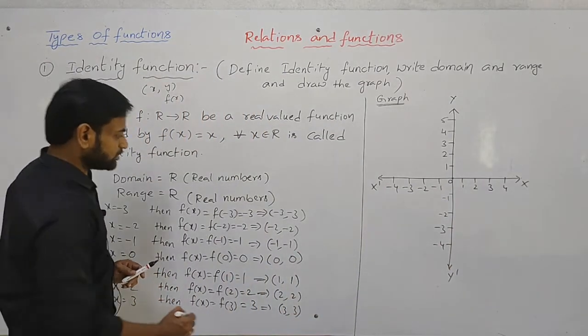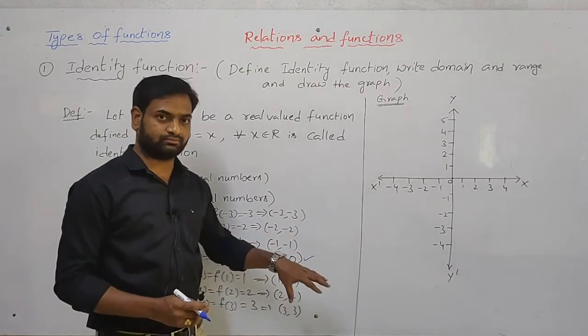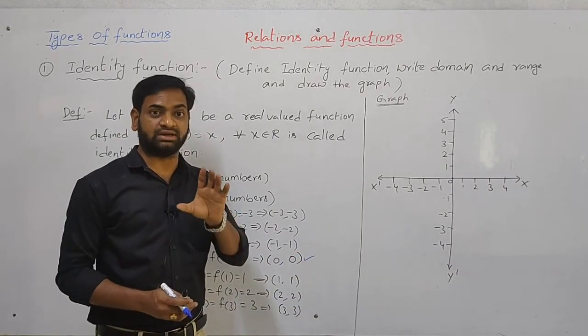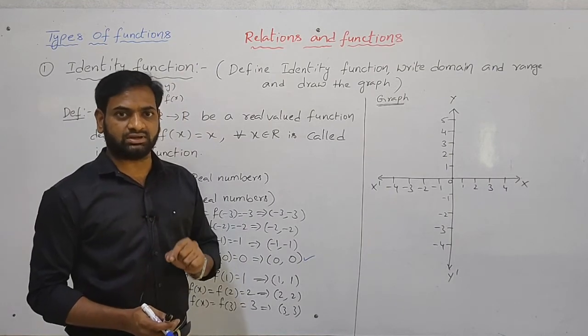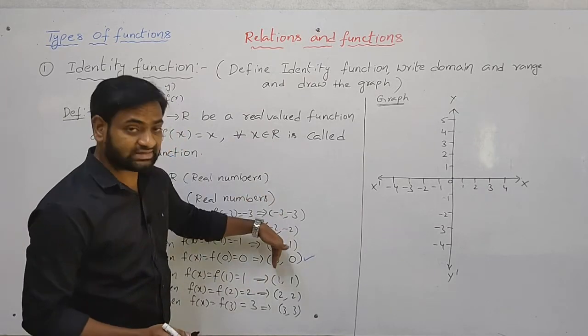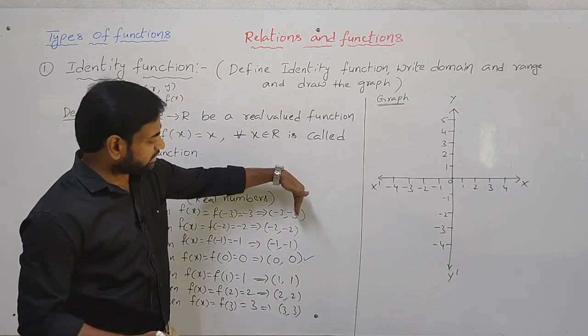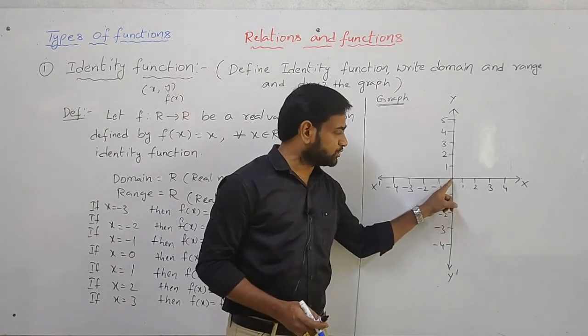That point 0, 0 is completed. So that means x value 0, y value 0. F of x is nothing but y. Just remember, f of x is nothing but y. So for 0, 0, the first value represents the x value and the second value represents the y value. So x value 0, y value 0 here only.